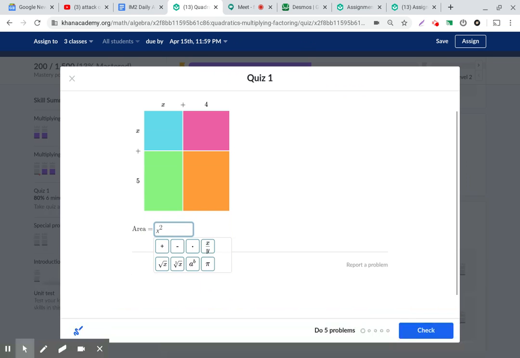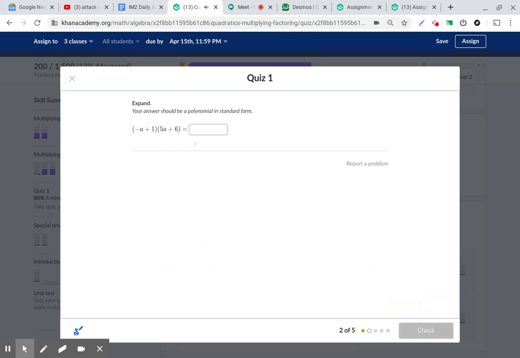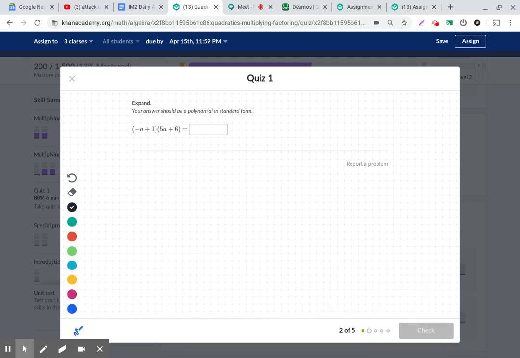X squared, and then plus 9x. Let's see if I can bring one of those again. When you get some of these, it's better to draw the box, and you could do it on paper or on the computer.